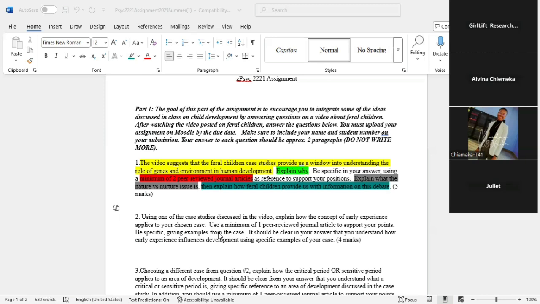I've not watched the video, but let me assume, based on your explanation in the first paragraph, how the concept of early experience affects the children.